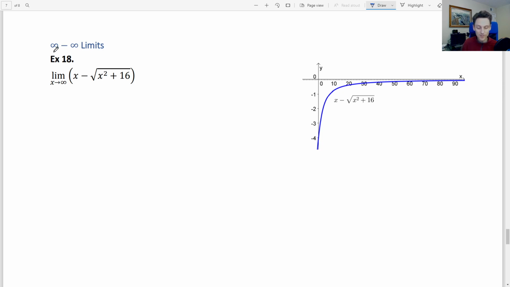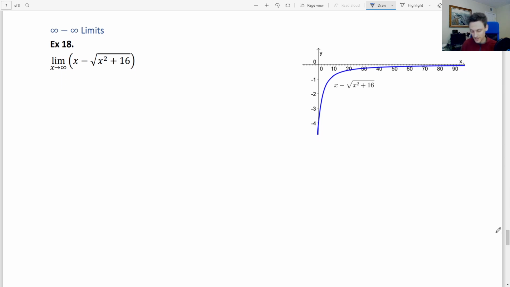So they could be growing faster than these numbers, in which case the whole thing, infinity minus infinity, could just be infinity. The distance between these numbers and these numbers could be growing. Or they could be spaced apart equally, like these ones are just 3 more than these ones, but they're both going to infinity. And there the difference could always be 3. So it's hard to know exactly what infinity minus infinity is going to result in, unless you do a little bit of work to figure it out.